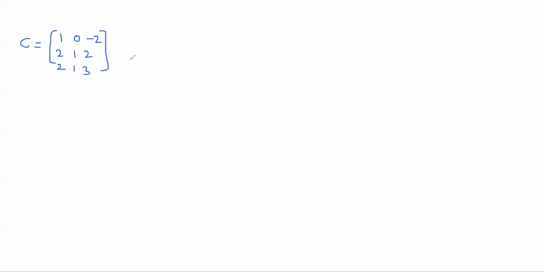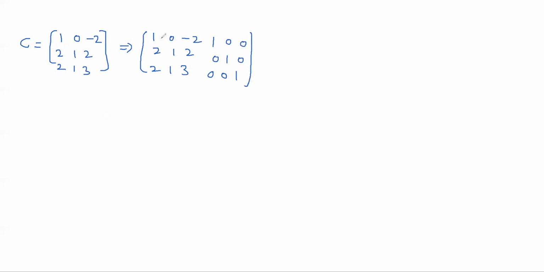So how to find its inverse? The first step is to write its augmented matrix: 1 0 minus 2, 2 1 2, 2 1 3, and the identity will be written like this: 1 0 0, 0 1 0, 0 0 1.